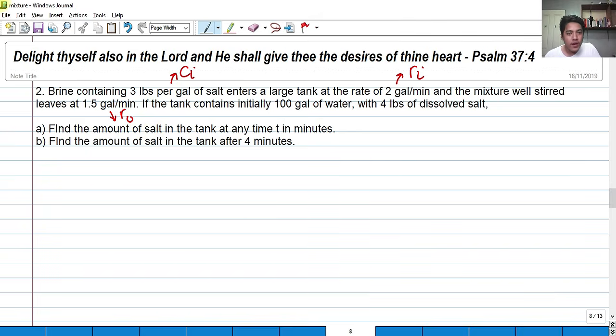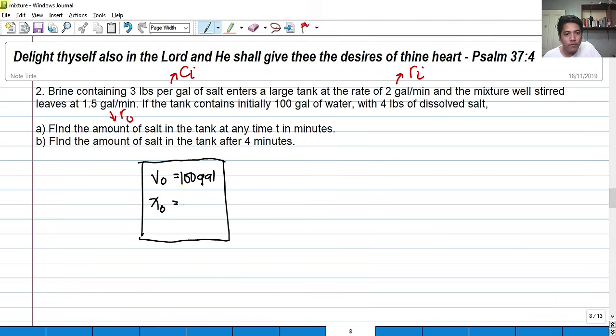So let's first draw a simple illustration of what's going on here. We have an initial volume of water of 100 gallons, and initial dissolved salt of 4 pounds. We have R sub I and C sub I here, and R sub O and C sub O here.